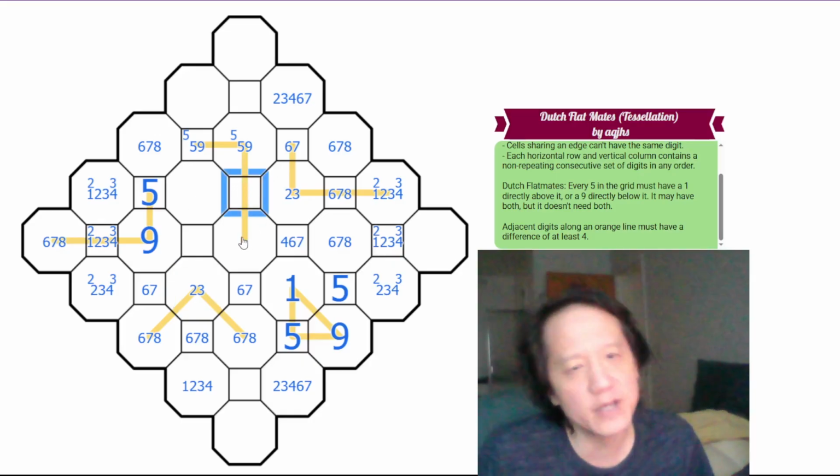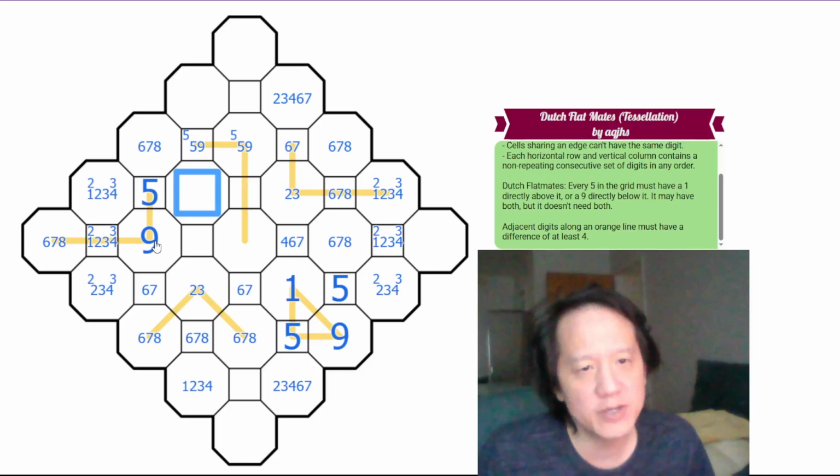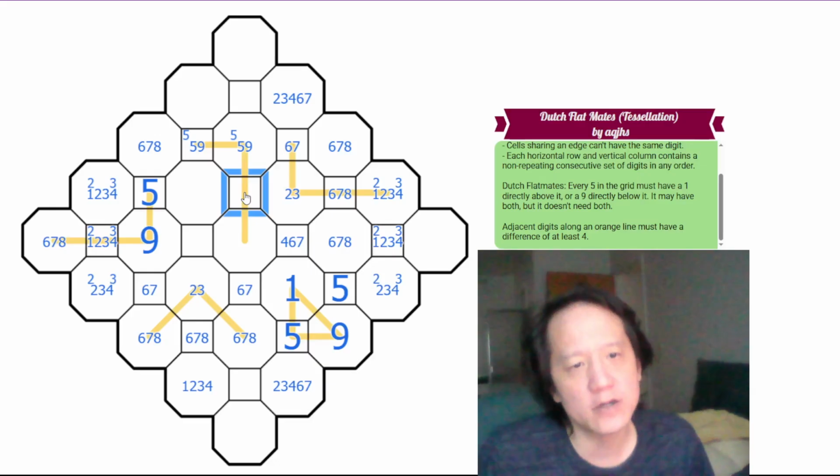Can this ever be 9 is kind of the question. This can't be 9 because it's sharing an edge with a 9. And if we try to have a 9 here, you would have to be 3, 4, 5, 6, 7, 8, 9. That would be 3, but then we'd have 2 4s here, which is not allowed. So this can never be 9.